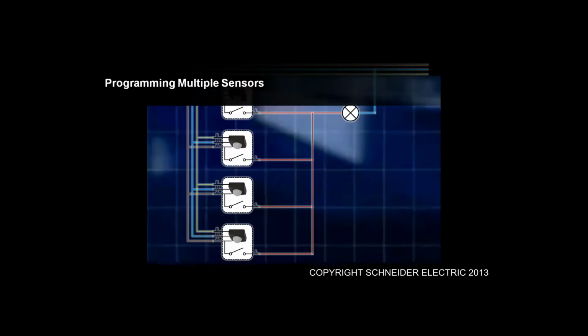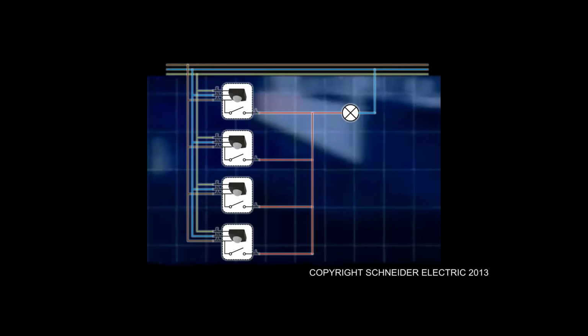Within this diagram we've got 4 sensors all connected to a single load. Because these sensors are connected in parallel, it's really important that this configuration is the only one possible. You can't have these sensors connected in series because you won't get the operation that you may be intending with more of an AND type logic setup.